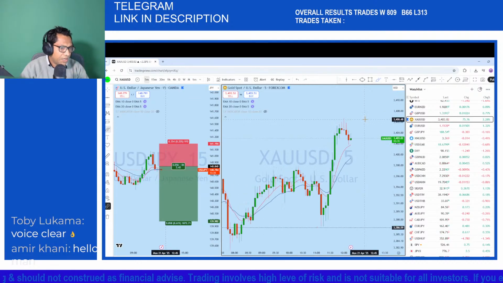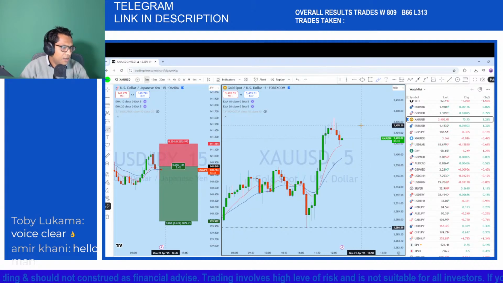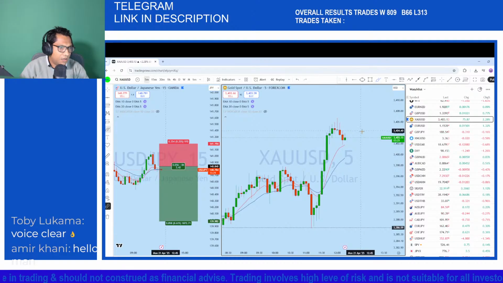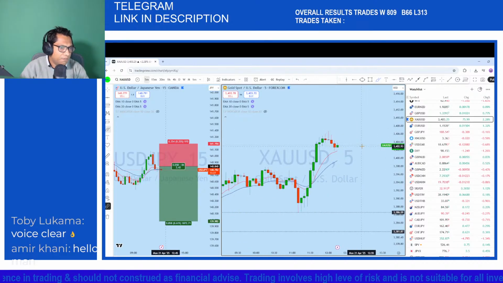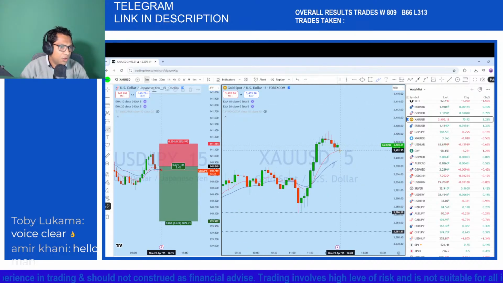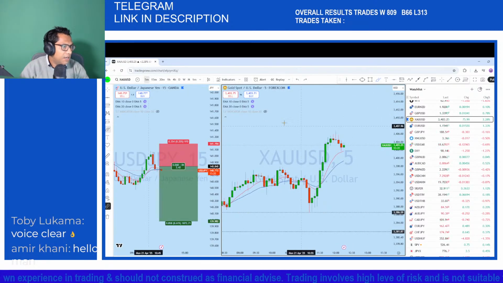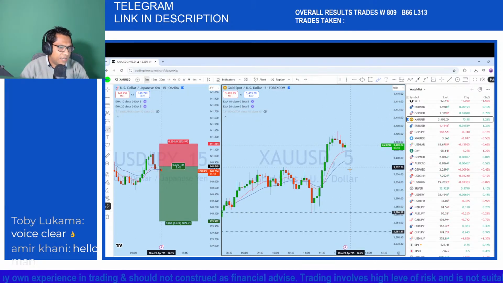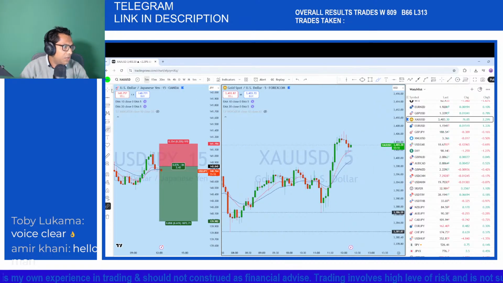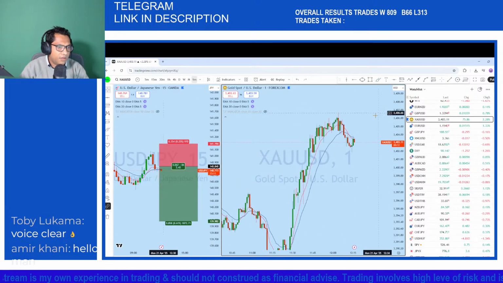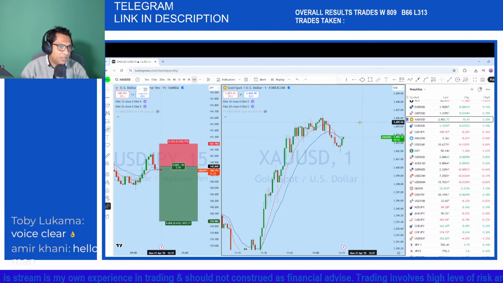So as this market is trending with this new bullish impulse, we can look for a possible entry in this market. Now, as the market trend is up, you can see the market in this area here.